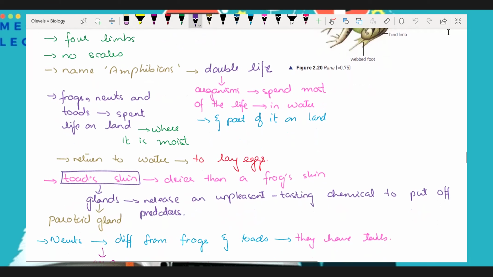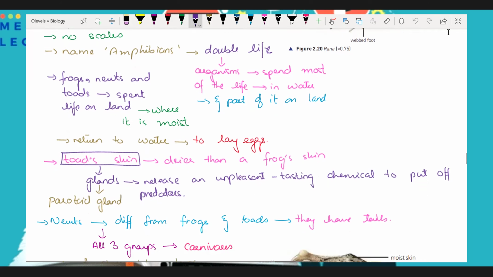And if we talk about the toad skin, the skin of a toad is drier than a frog's skin, because toads have glands that release an unpleasant tasting chemical to put off their predators, and those glands are called parotoid glands. So they produce some sort of secretions that are toxic for their predators, right? That comes under the category of their defense system, right?